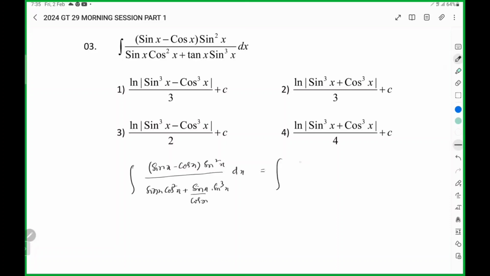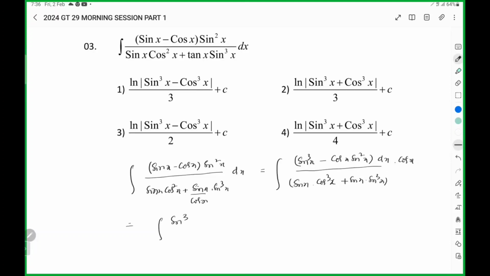So the integral of sin cube x minus cos x sin square x dx by sin x cos cube x plus sin x sin cube x, the whole thing multiplied by cos x.